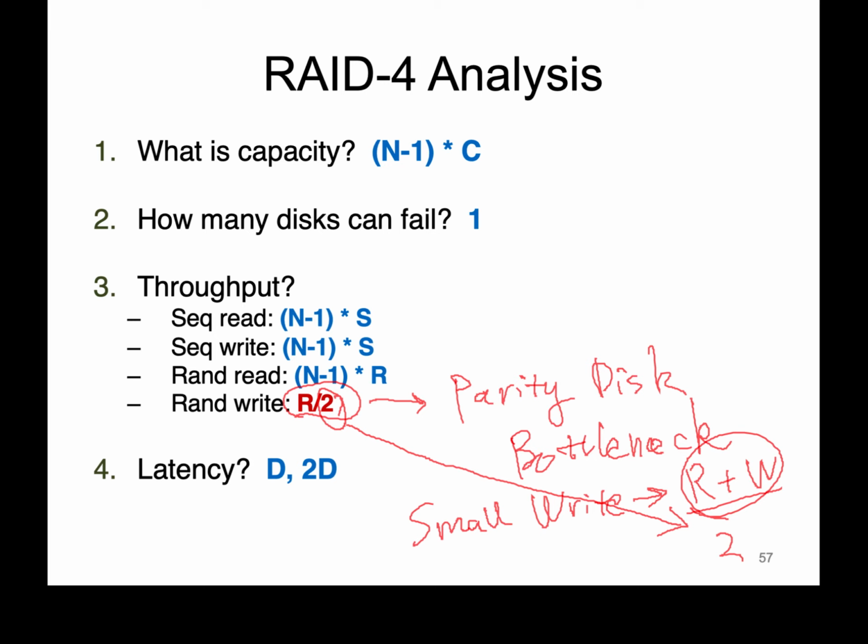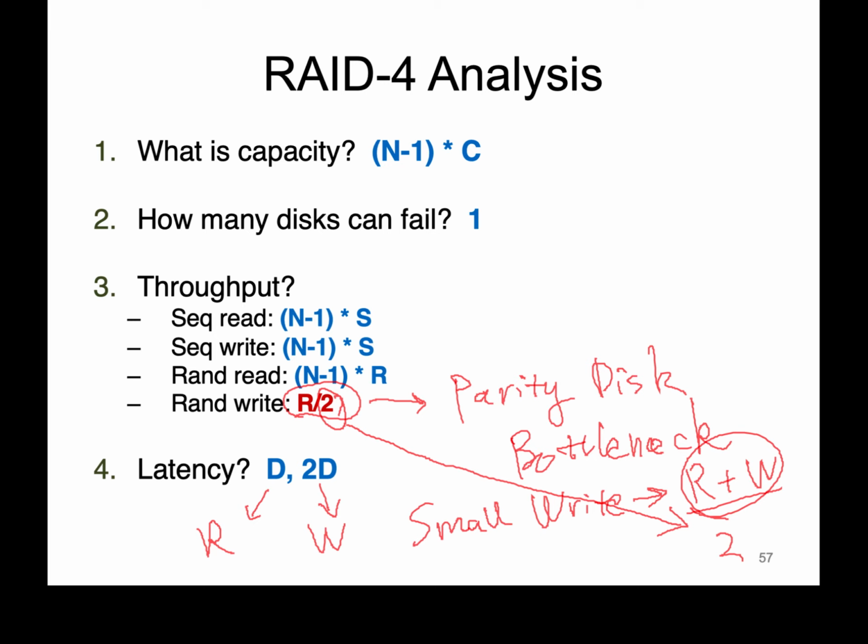Okay. Regarding latency, for read latency, it's effectively D, because you could just random read from anywhere among the first N minus 1 disks that are used to store the data chunks. And for random write, this is 2D. Why is that?